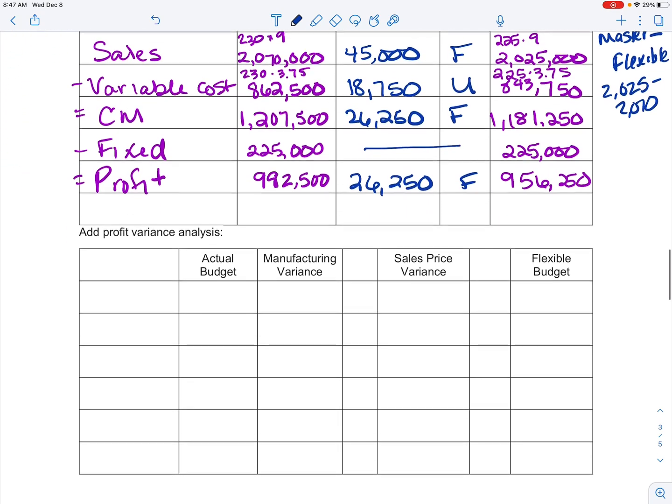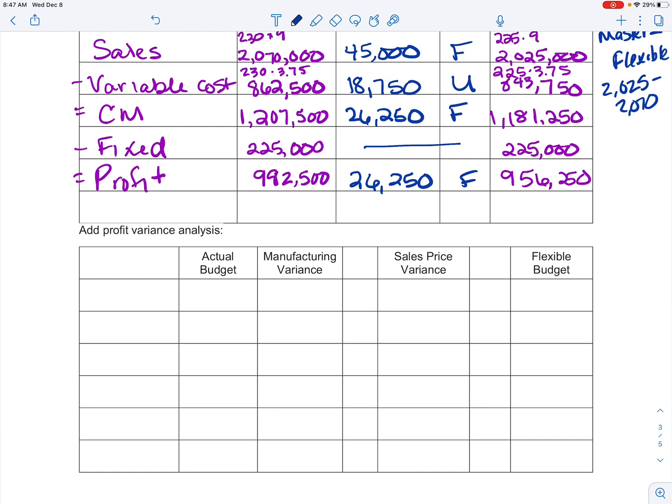So now what I'm going to do is look at a profit variance. I think this should say profit. That profit variance analysis, which what happens here is I'm going to bring in my flexible budget, over here, all those same numbers.